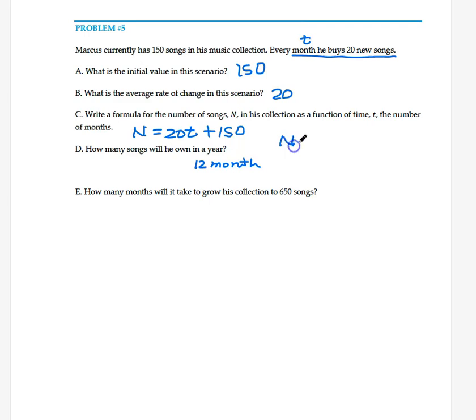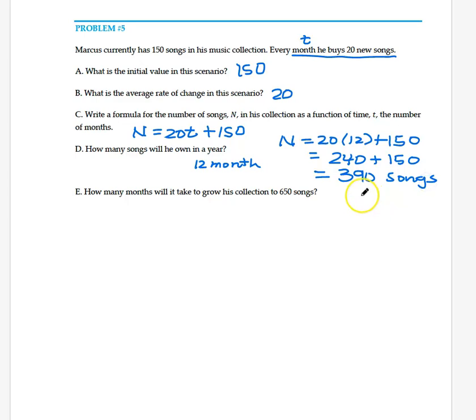N equals 20 times 12 plus 150. 20 times 12 is 240 plus 150. Add those together, we get 390 songs in 1 year. That's how many he's going to have in his collection.